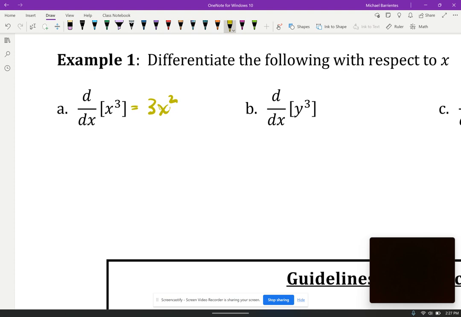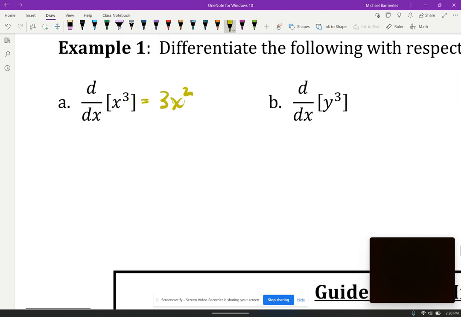But when I look at letter B, this one's a little bit different because I'm taking the derivative with respect to x, but my expression is in terms of y. So it's almost like the example that we saw in the first video where this whole thing is a function of x that I don't know what that function is, but I know that it's being cubed.